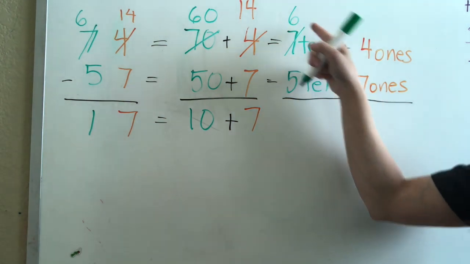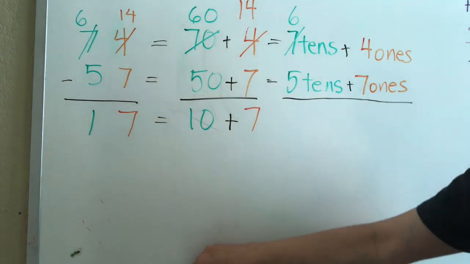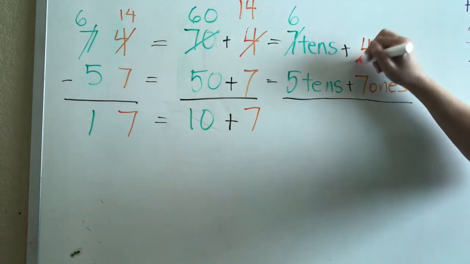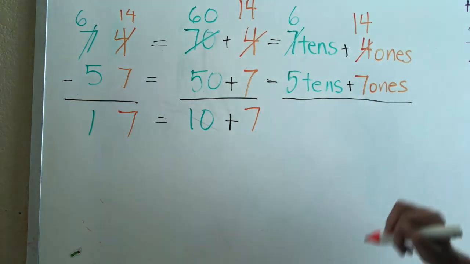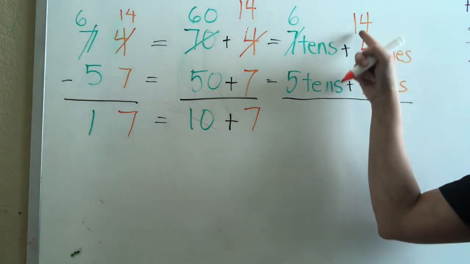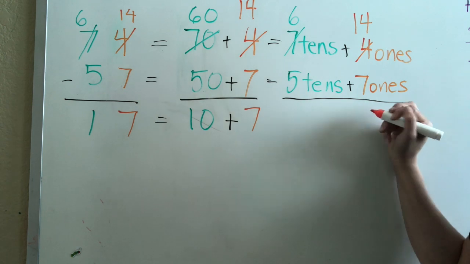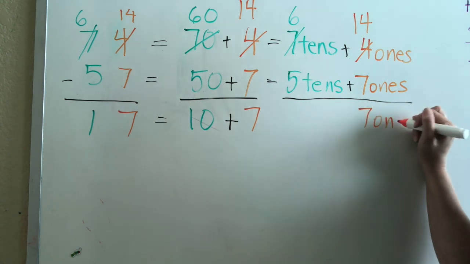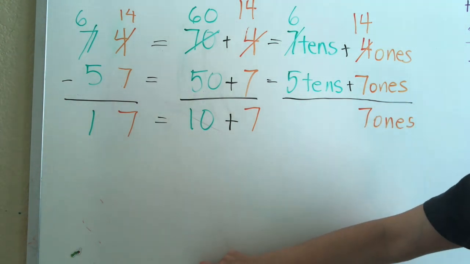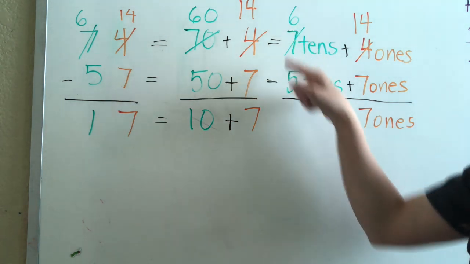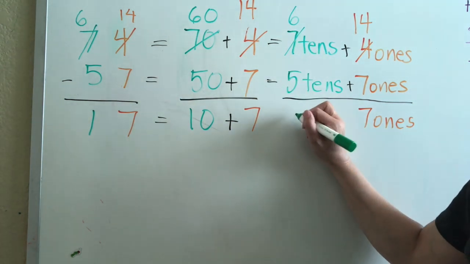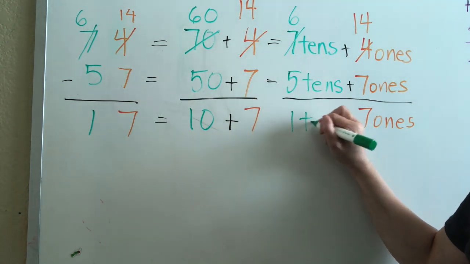And we're going to take that group of tens and add it over here. And my 4 ones become 14 ones. So 14 ones minus 7 ones is going to give me 7 ones. And my 6 tens minus 5 tens is going to give me 1 ten, one group of 10.